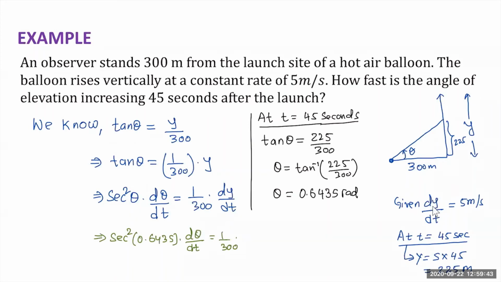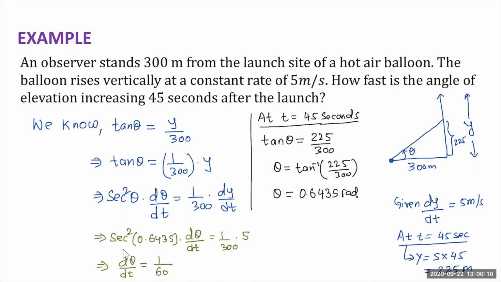They have given dy over dt is 5, so this value is given to you. So that gives 5 multiplied by 1 over 300, which is 1 over 60, because 5 goes into 300 60 times.